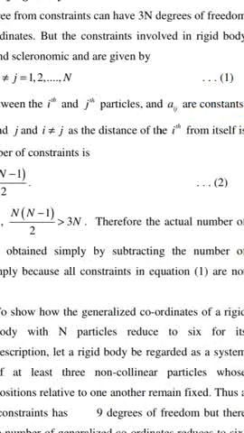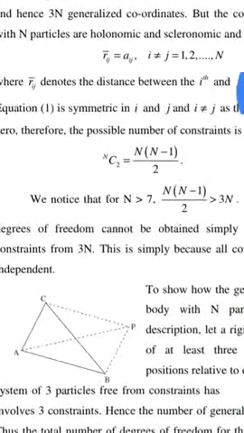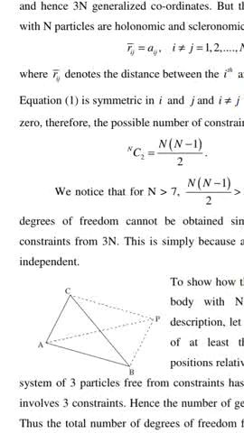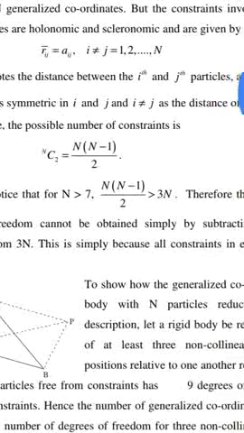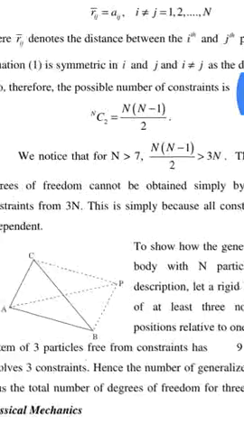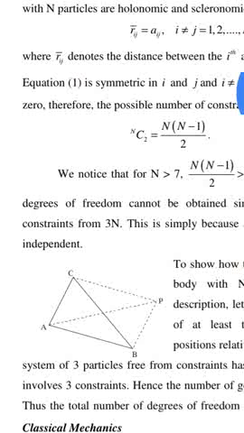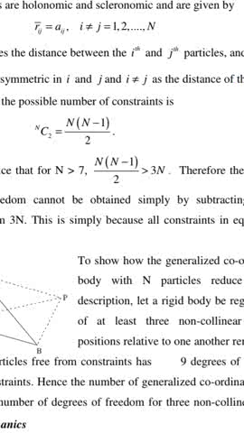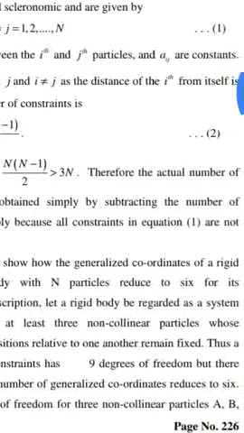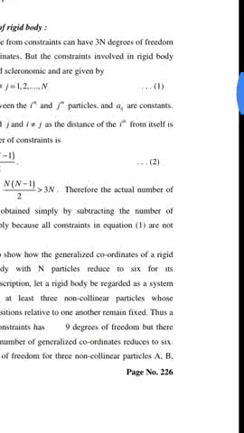But the constraints involved in the rigid body with n particles are holonomic and scleronomic and are given by r_ij = a_ij, i not equal to j, where r_ij denotes the distance between the ith and jth particle and a_ij are constants.